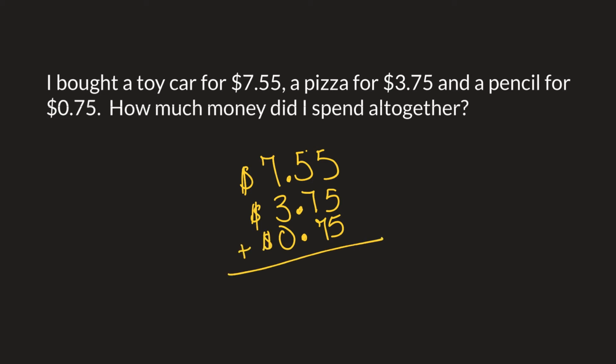And I am adding. Okay, so 5 plus 5 plus 5 is going to give us 15. Regroup. 5 plus 1 is 6. Plus 7 plus 7 is going to give us 20. Okay, regroup. 7 plus 2 plus 3 is going to give us 12.